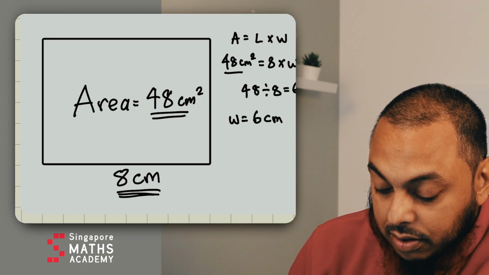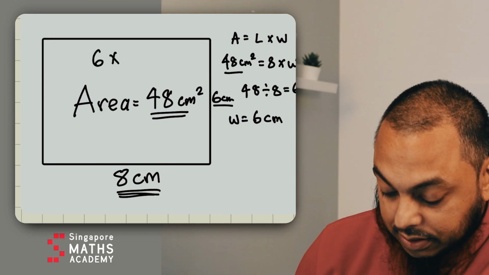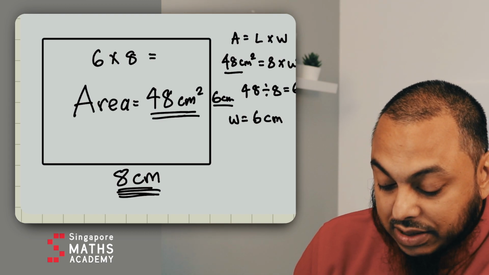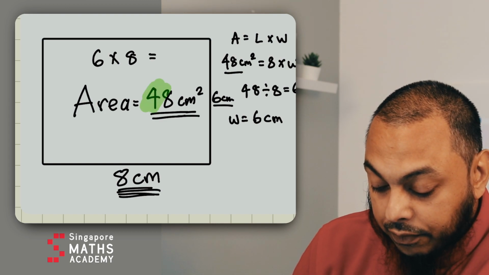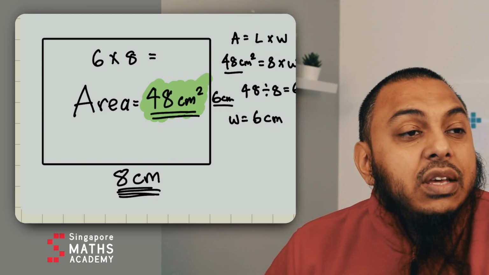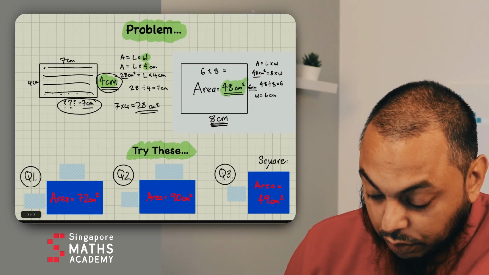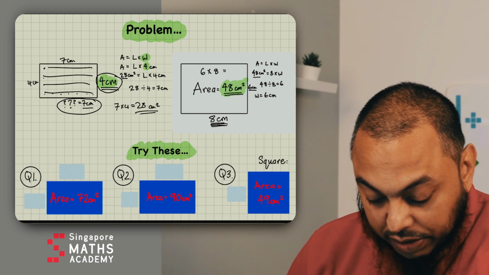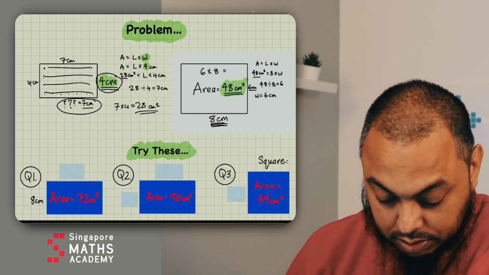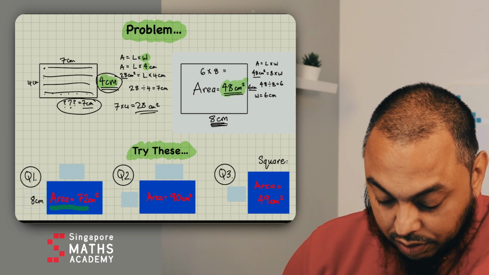Why is it 6? Because 6 times 8 gives me 48 square centimeters, which is the area, which is what they've given me already in the question. So have a think about the next set of questions. We've got 3 questions again, and we're given one length, and we're given the area.